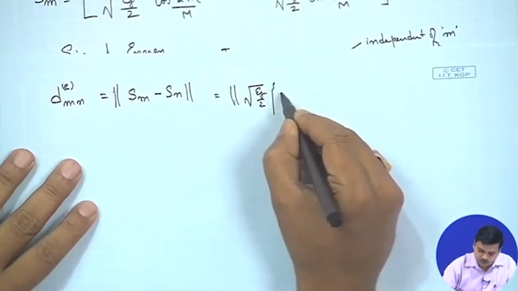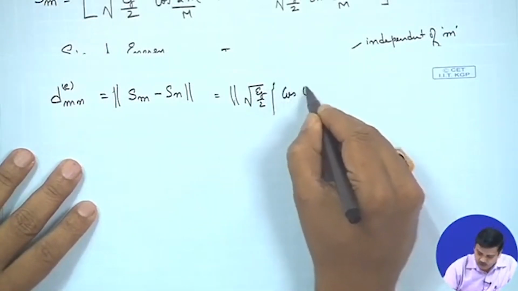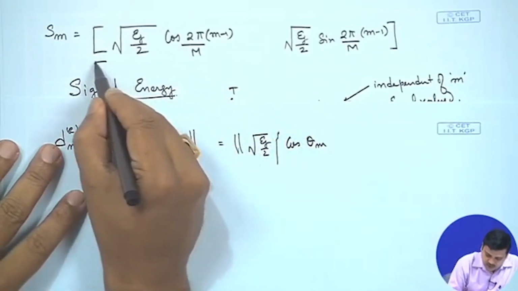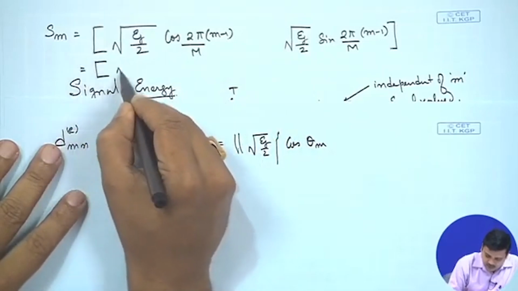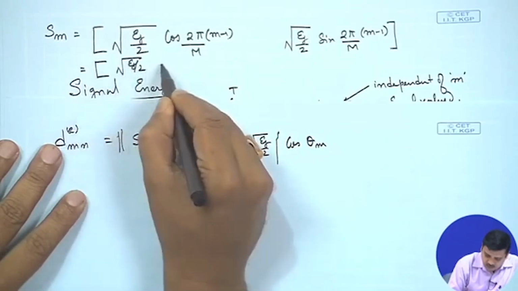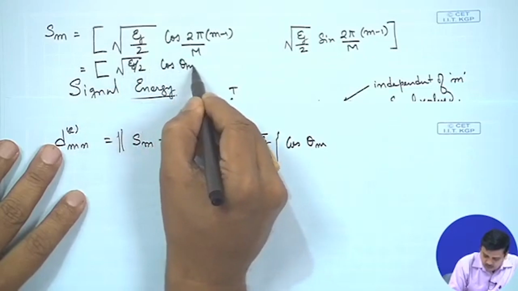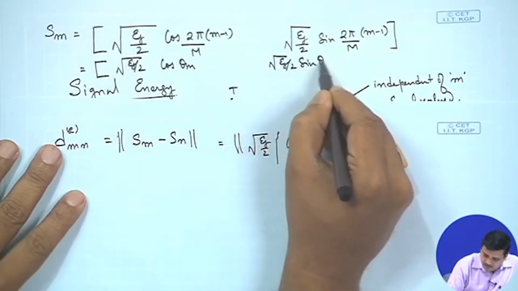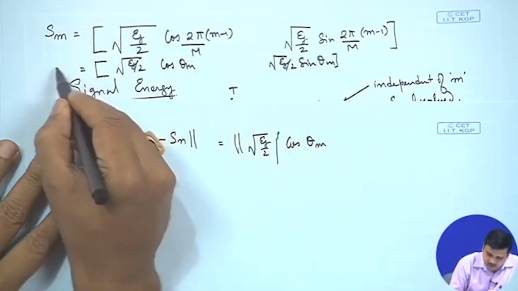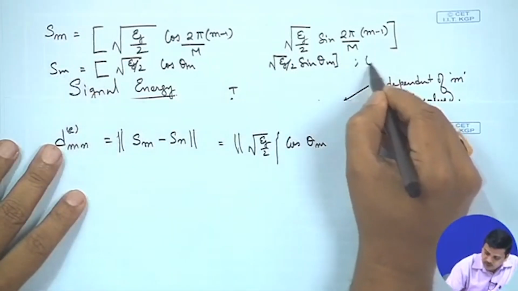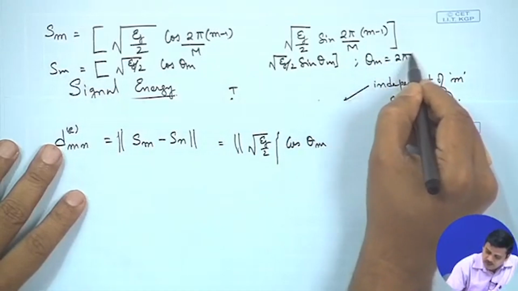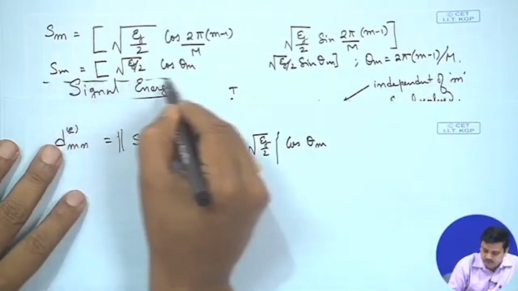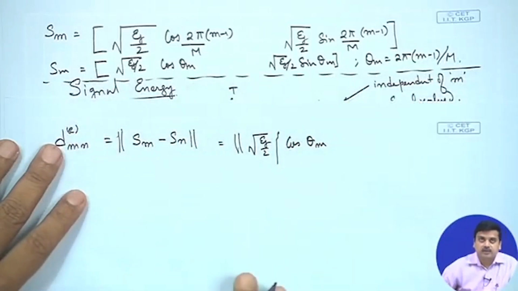So, what you are going to have is cos theta m, where theta m is 2 pi (m minus 1) by capital M, that is it.